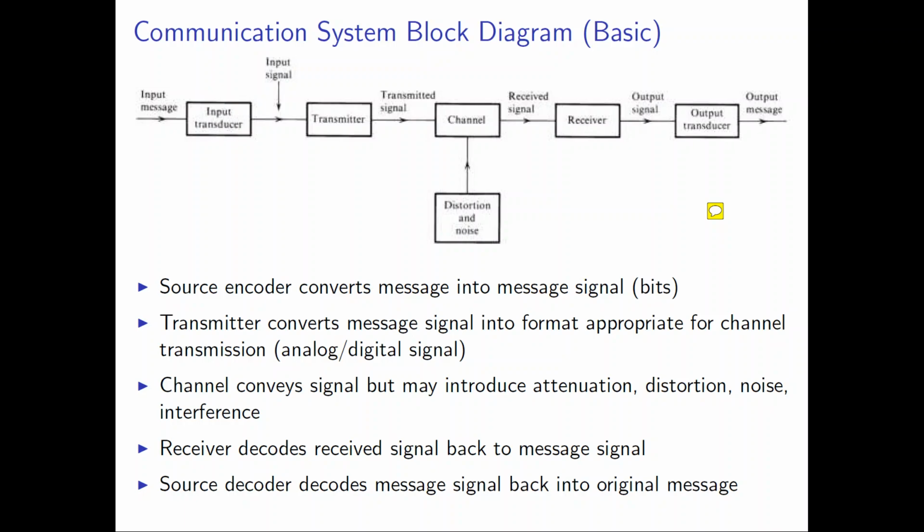Now you have prepared the signal in a good form, in a good shape that's suitable to be transmitted over the communication medium, whether it's fiber, copper, wireless, whatever. And then you have the channel. This is the medium, the channel I'm talking about. The cable, the Ethernet cable, the fiber, the air, the wireless, the microwave, whatever.